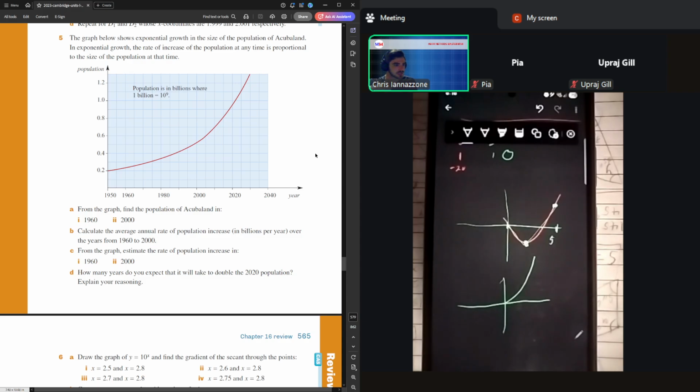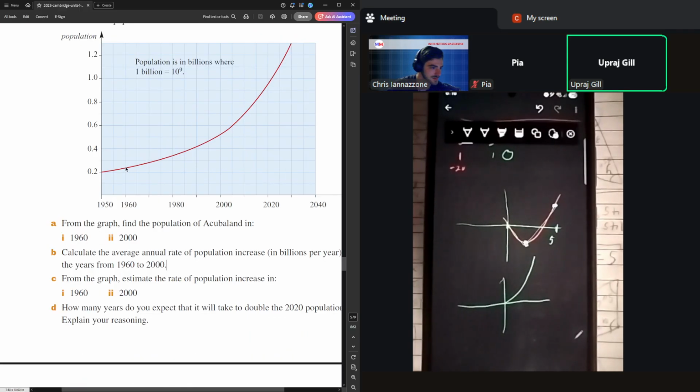You'll probably need to estimate it, by the way, even though it does say calculate. In 1960, the population was about 225 million, and in 2000 it was a little over 500 million, so about 525, I'll say. Yeah, why not?